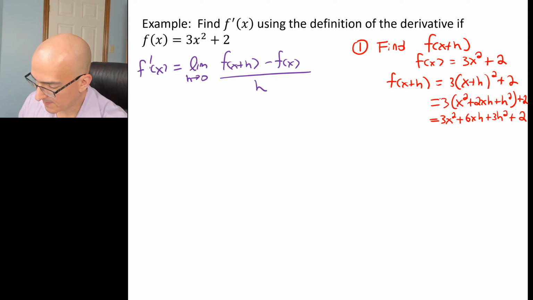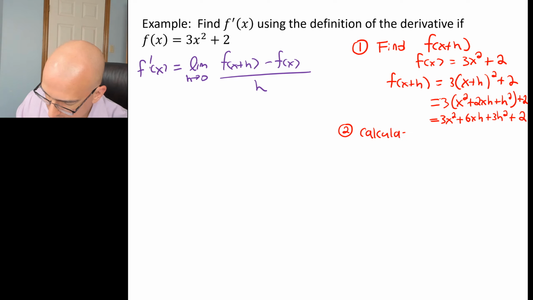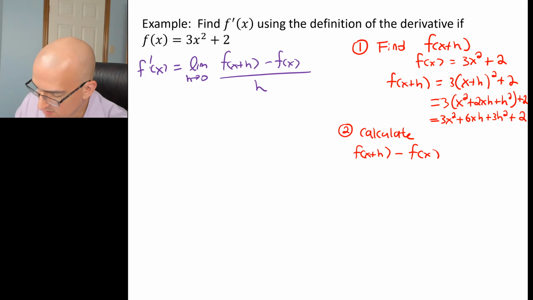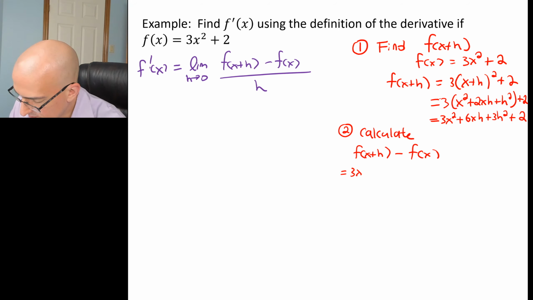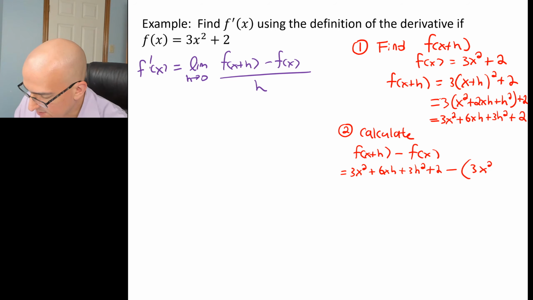Okay, step 2, calculate f of x plus h minus f of x. So I'm going to calculate the top of that expression. That's 3x squared plus 6xh plus 3h squared plus 2, minus f of x, minus (3x squared plus 2).